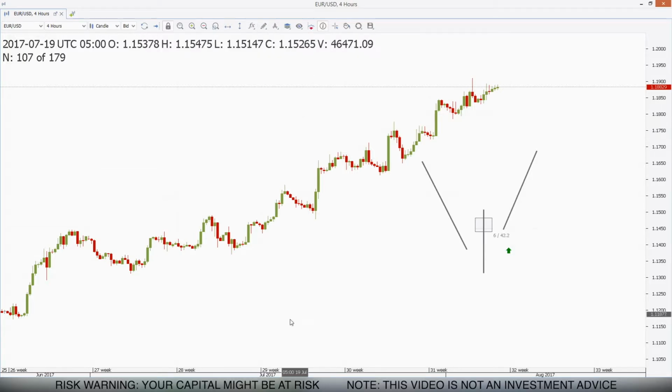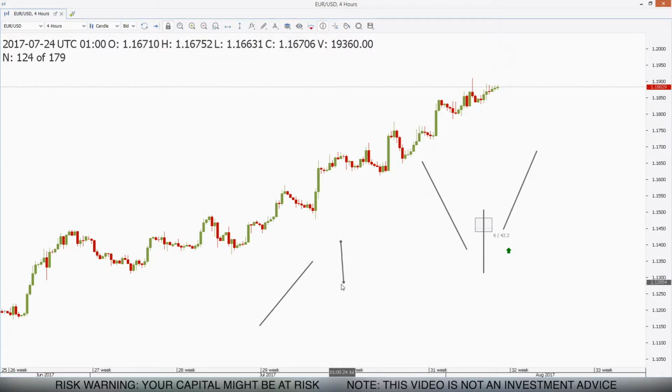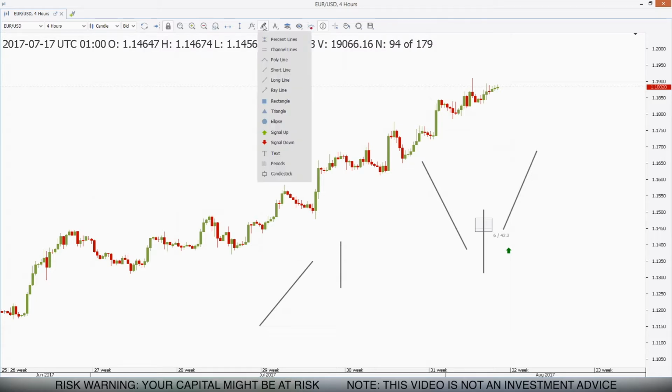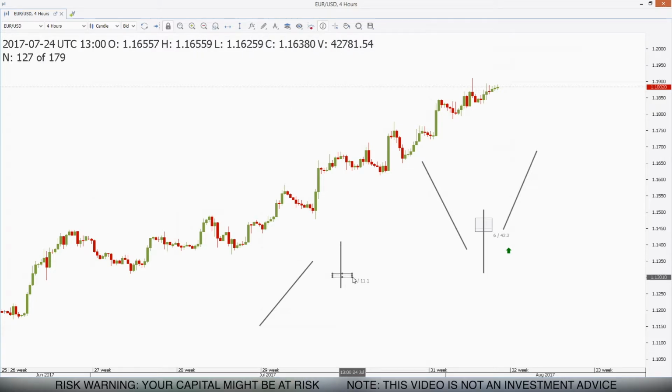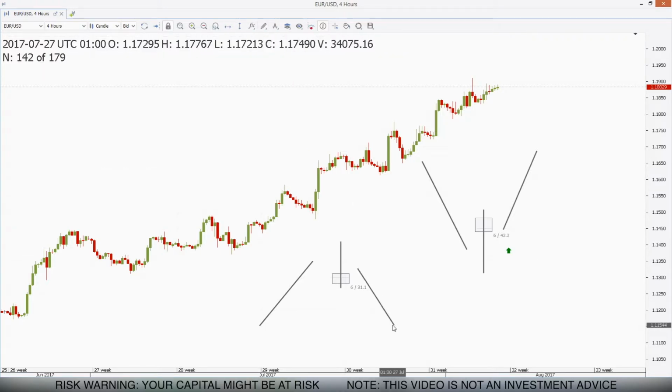You need to have a bullish trend, then the market forms a candle with a very long shadow, with a body that may have a red or green color, it doesn't matter, and then the market moves the other way around. That's called a shooting star, and it is basically the inverse pattern of the hammer.